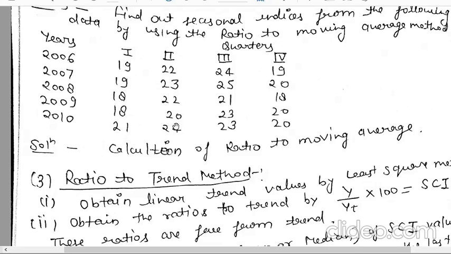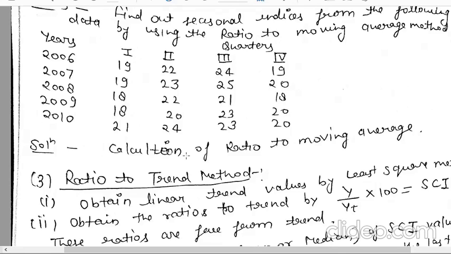Now for the second quarterly average, you will add all these values and divide by 5. Same for the third, and also the fourth quarter: add all these values and divide by 5. After that, you will calculate your grand average.